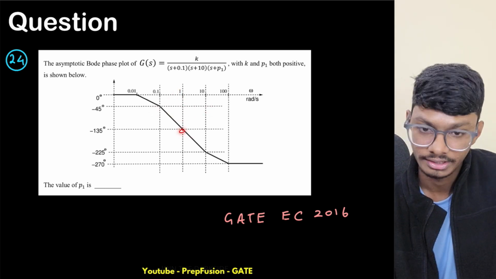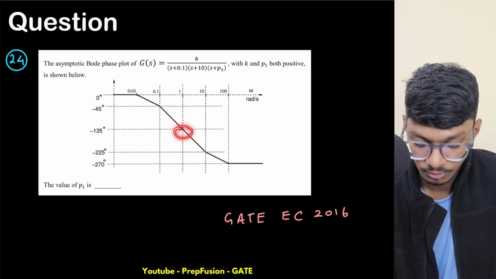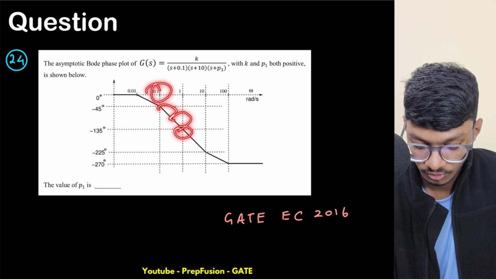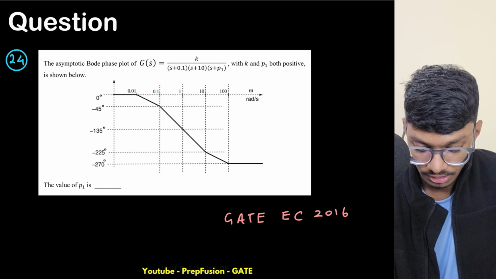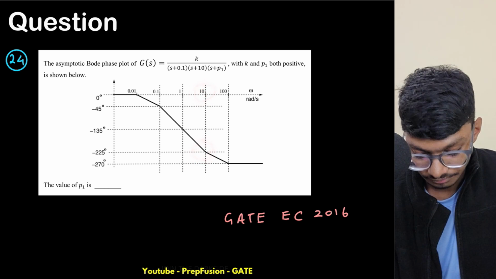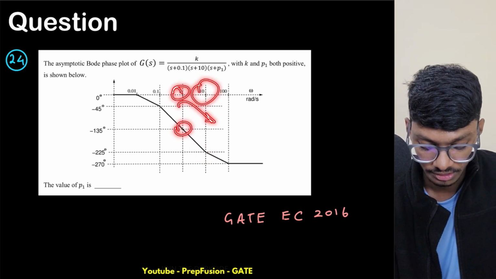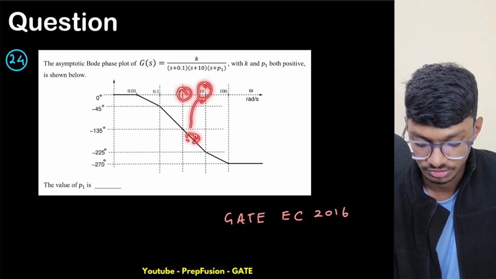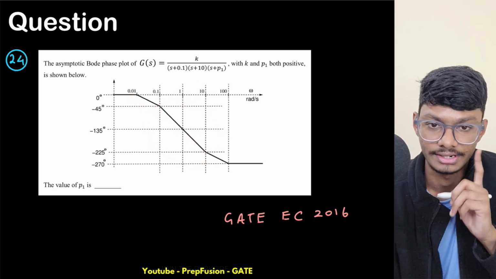If I travel from 0.1 to 1, this pole will contribute minus 45 degrees per decade, and this pole will also contribute minus 45 degrees per decade. So definitely this is minus 90 degrees per decade.